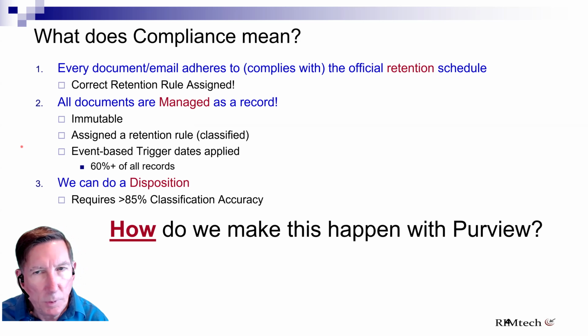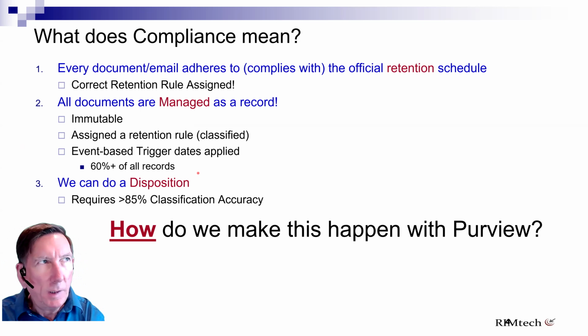Number 1 is they're immutable, which means the metadata and the content cannot be changed by anyone. Number 2 is a proper, appropriate retention rule has been assigned to that document or record from the retention schedule. Number 3 is that typically 60% or more of all records are case records or event-based triggers.